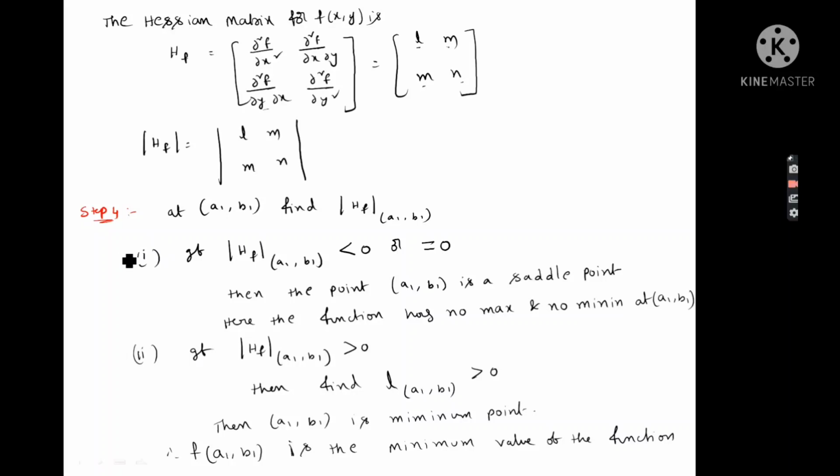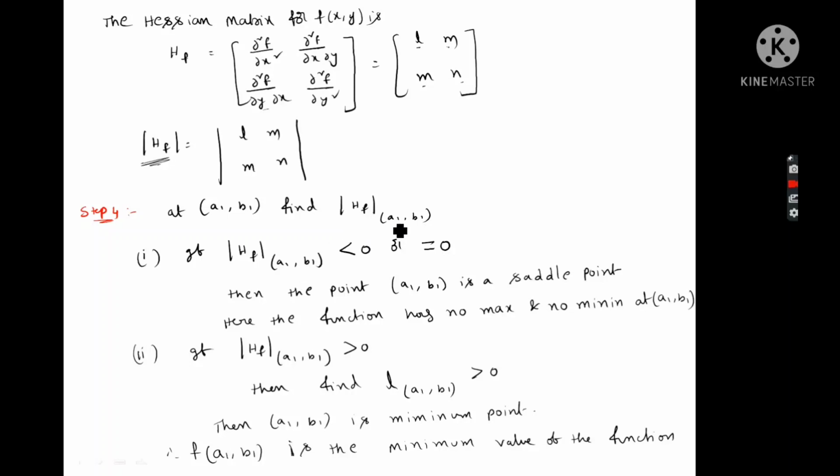In step 2, by solving the two equations we got stationary points, right? Those stationary points we have to substitute in this Hessian matrix one by one. First take the first ordered pair a1, b1 and substitute it in the modulus of the Hessian matrix.